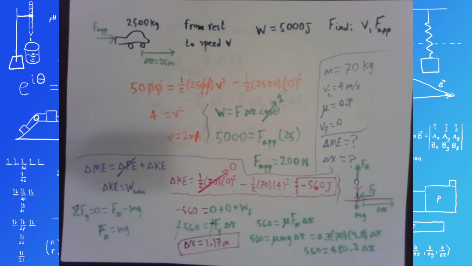But if it's asking how much, then it's asking for the absolute value. It's already assuming that the energy is lost. They don't need the negative sign there. They're asking how much is lost. What's the magnitude or size of the loss? Very important distinction there.